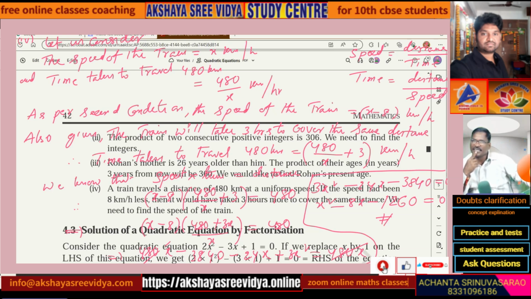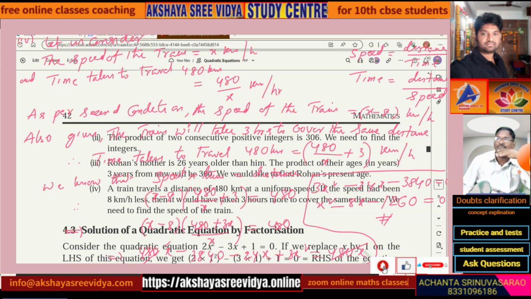Therefore, x minus 8 into 480 by x plus 3 is equal to 480.